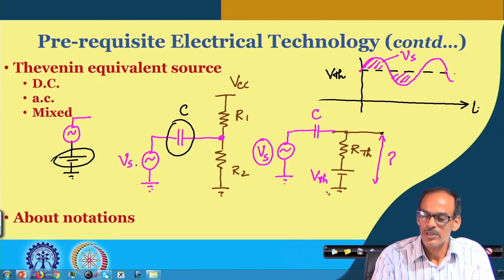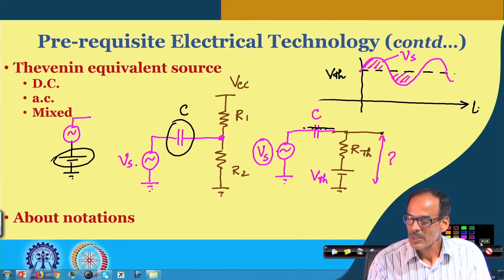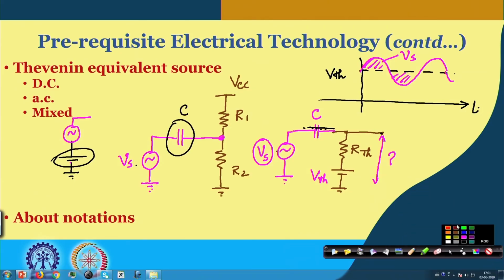The assumption here is that this signal will nicely come through, where this capacitor is really allowing the signal to come to this point, which means that, very importantly, we assume the signal frequency is much higher than 1 by the RC time constant.